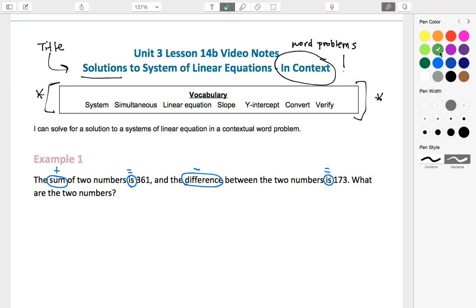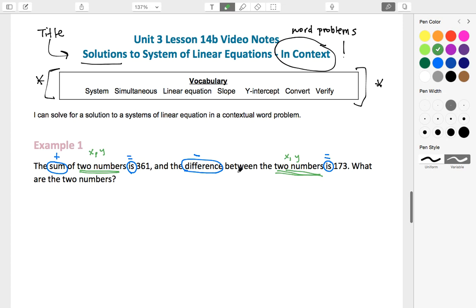Okay, and since we have to answer this question, what are the two numbers? We obviously are going to have two different variables that relate to each other in this problem. So we can go ahead and identify the two numbers as x and y. Okay, so what we can do now is write out what we can pull in from the words. We know the sum of the two numbers x and y is 361.